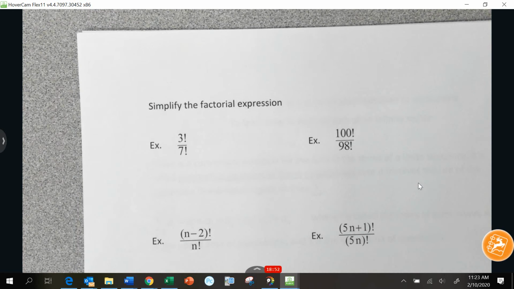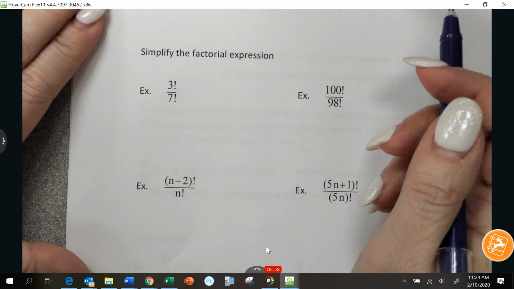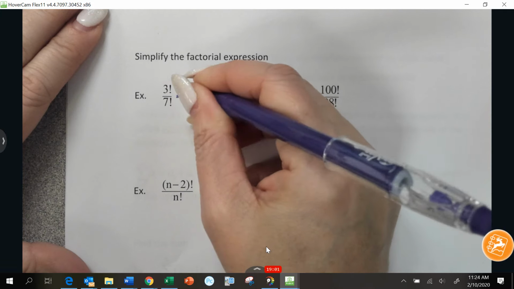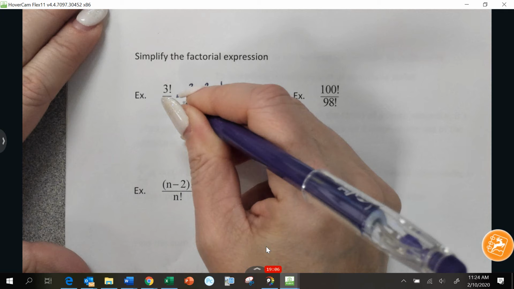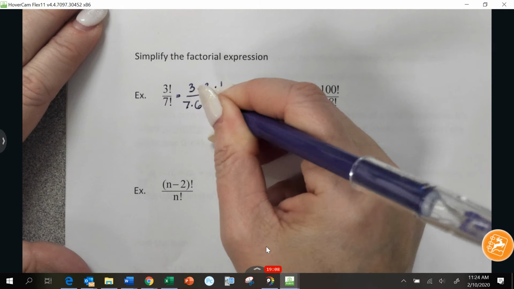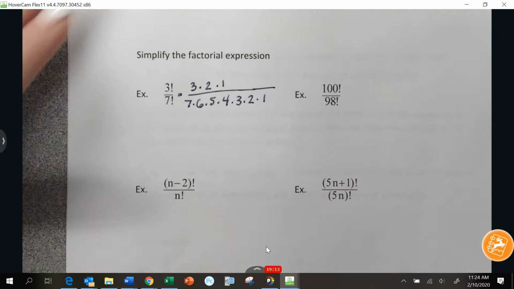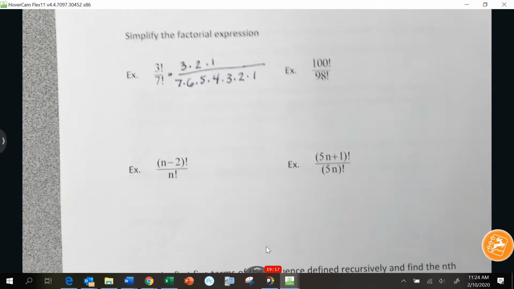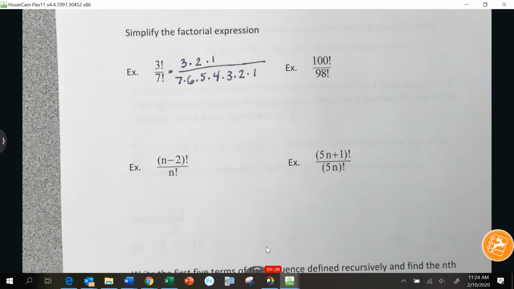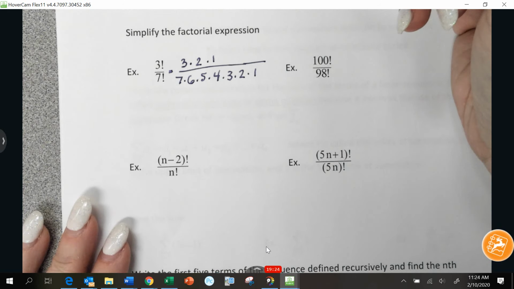Simplify the factorial expression. So 3 factorial is 3 times 2 times 1. 7 factorial is 7 times 6 times 5 times 4 times 3 times 2 times 1. Before I multiply it, are there any factors of this factorial that we could cancel out? 3, 2, 1.